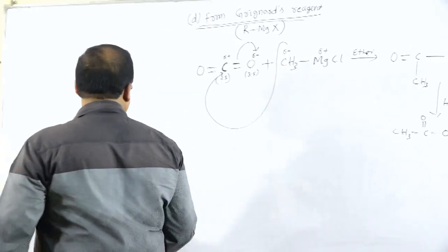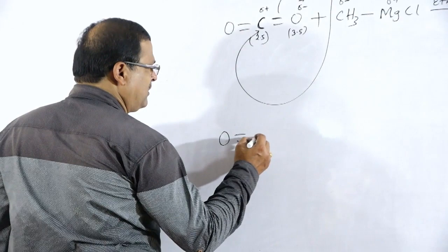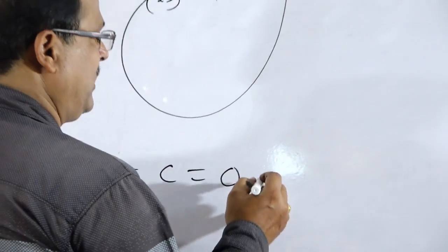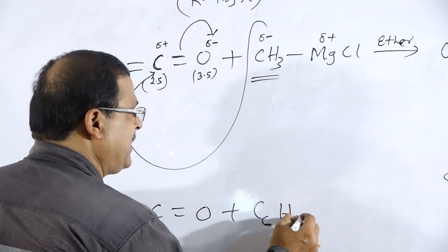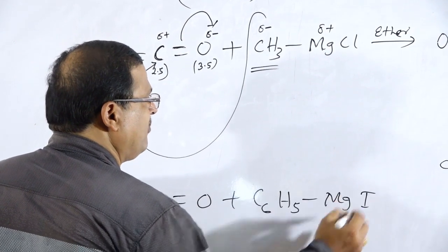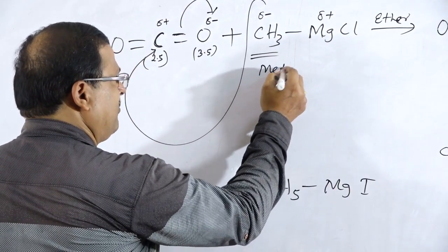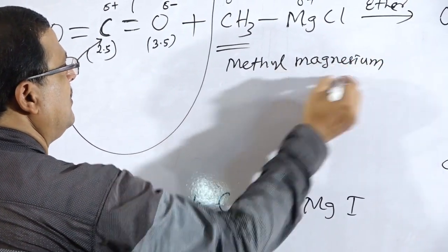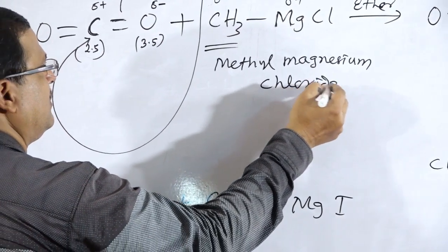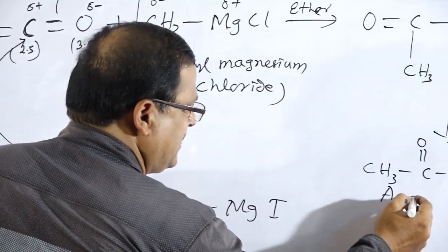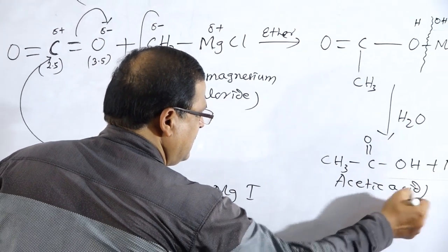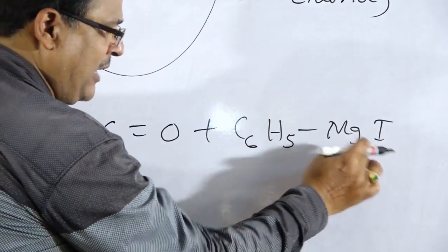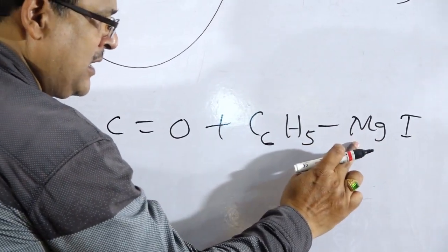For example, O double bond C double bond O is carbon dioxide, and instead of CH3 we take C6H5MgI, phenyl magnesium iodide.